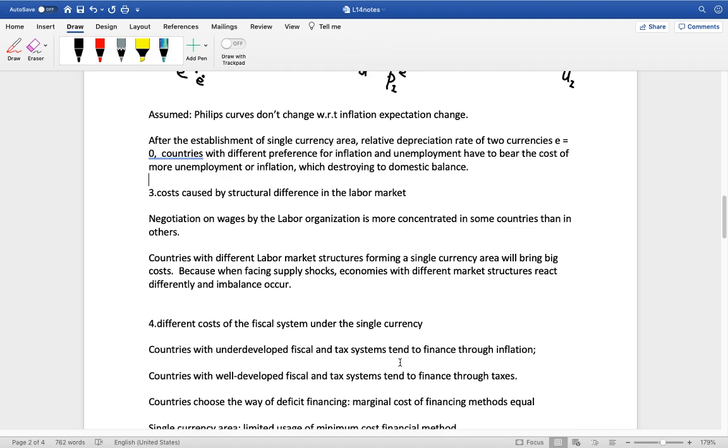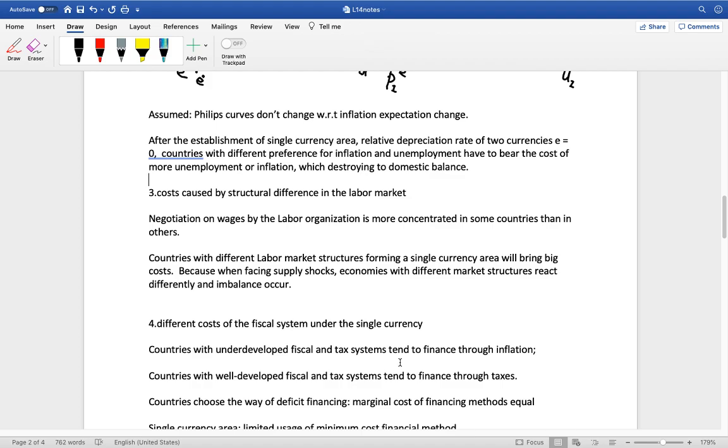Countries with different labor markets forming a single currency area is likely to cause a large cost, because with different market structures, the wage changes of member countries are not consistent when facing the same supply shock. That results in the disequilibrium of the two countries.